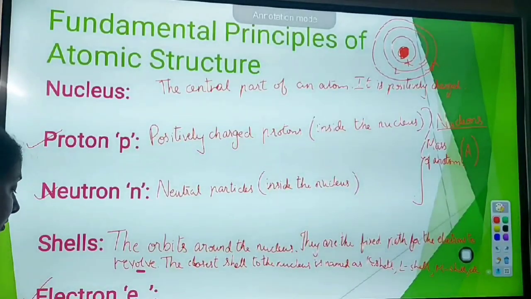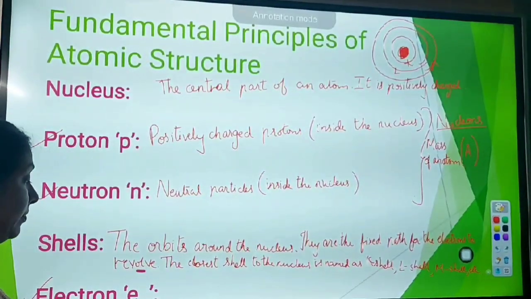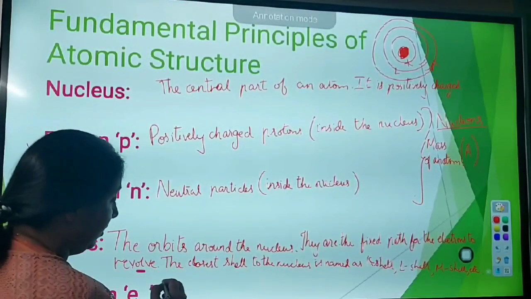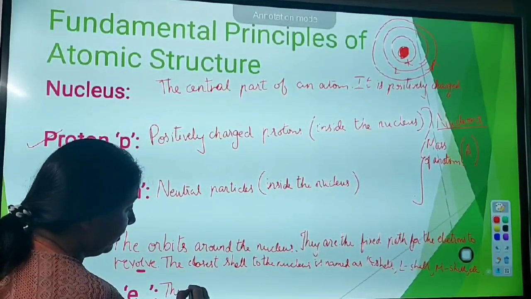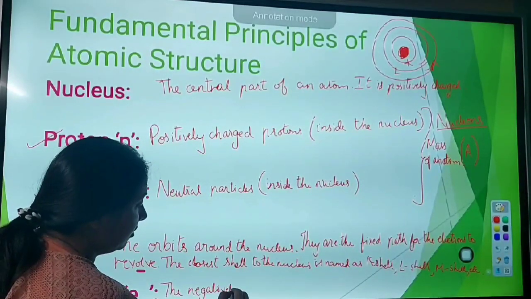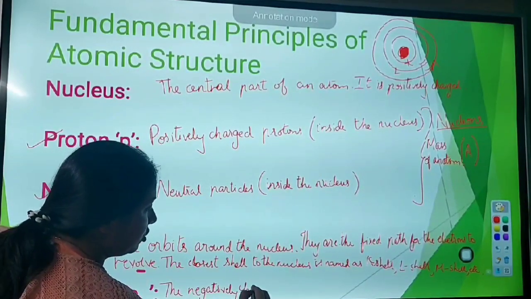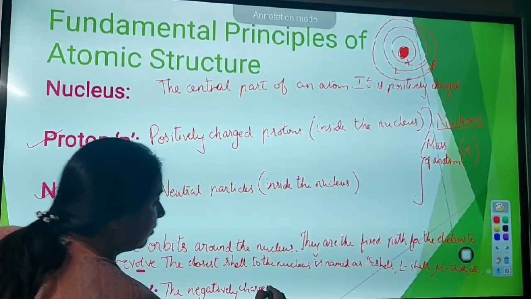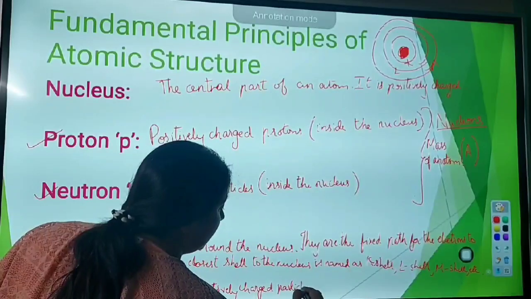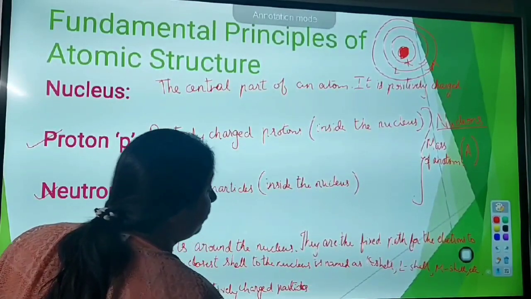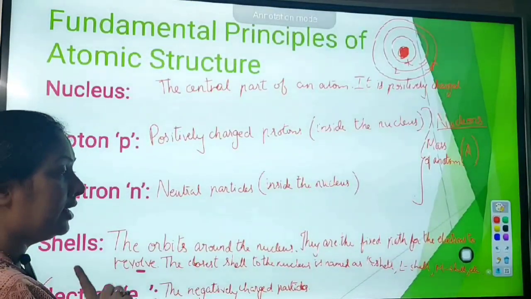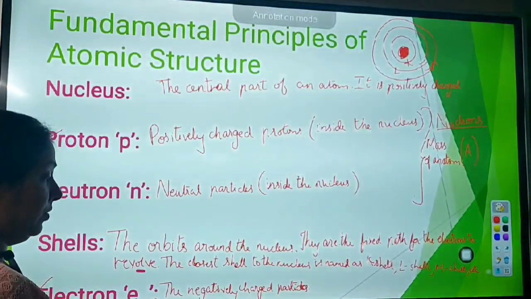Alright, then we have electrons. What are electrons? Electrons are the negatively charged particles. They revolve round the central nucleus in these orbits.